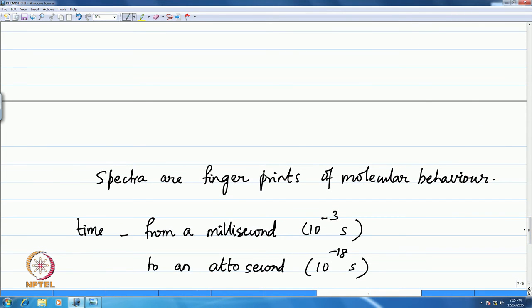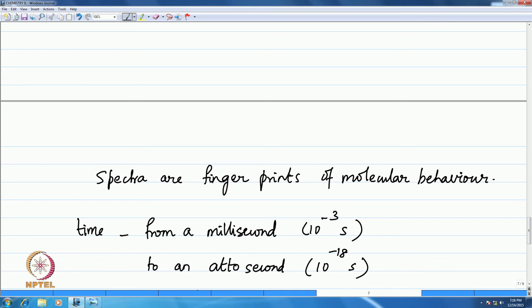The other extremely important thing to remember is that the molecules are very dynamic and extremely fast moving entities, and therefore for observing a spectrum we have time domains that vary from millisecond, 10 raised to minus 3 seconds, usually in the radio wave spectroscopy, which is from millisecond to microseconds, to very, very excited spectroscopy, laser spectroscopy, the time limit of attosecond, which is 10 raised to minus 18 seconds.